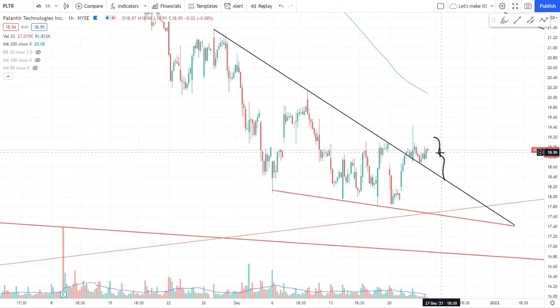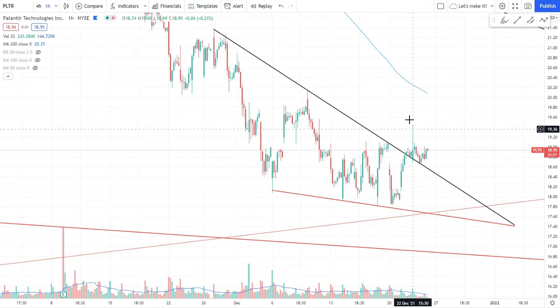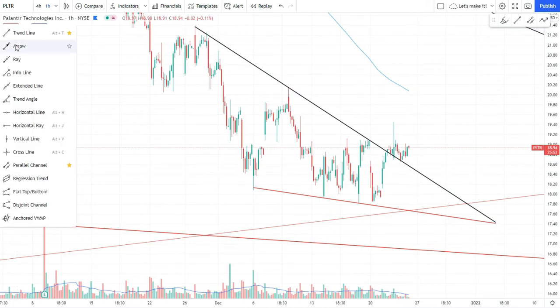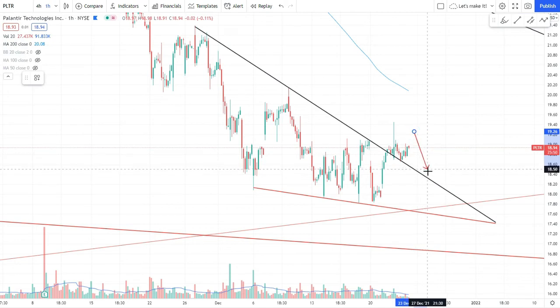In the very short term, of course, there might be another push up towards 19.50, trying to reach these highs here. But in order for the price to retest this trend line, I would not be surprised if in the next weeks the price tries to pull back here.